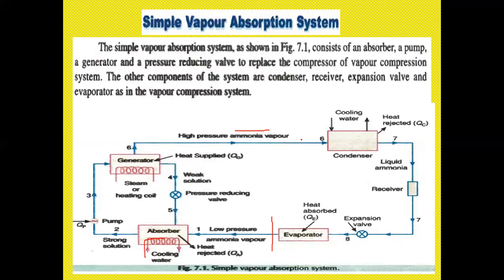Later, from this system it is going to the condenser, where the vapor is getting cooled. The cooling water goes outside, and the vapor is getting cooled, thereby the heat is rejected at this point QC. Therefore, the ammonia from the condenser is passing into the evaporator via the receiver and expansion valve.